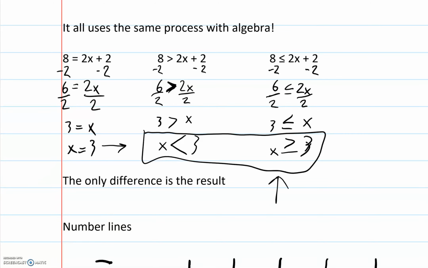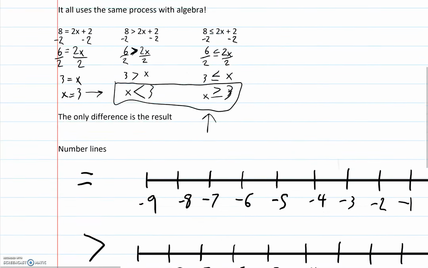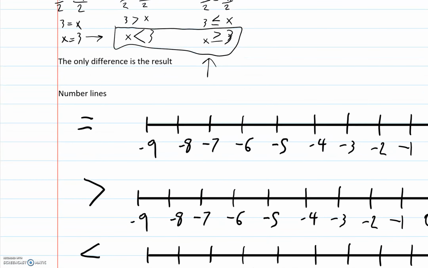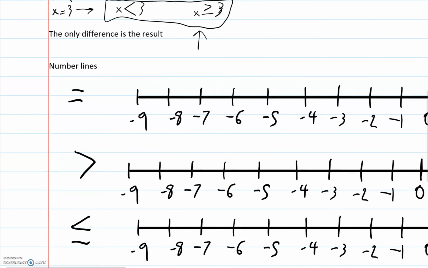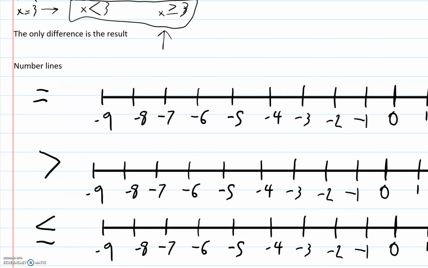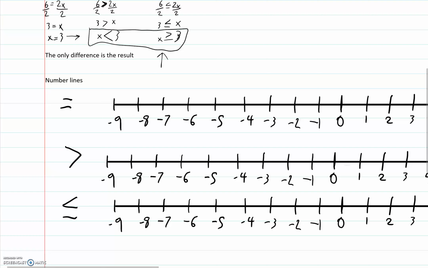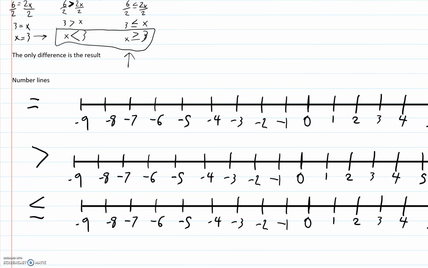Let's take a look at how that would look on our number line. Let's use green, it's nice and bright. First of all, the equals sign. If x equals 3, which is our first one, we'd put a dot here on 3, and it would be a filled-in circle.